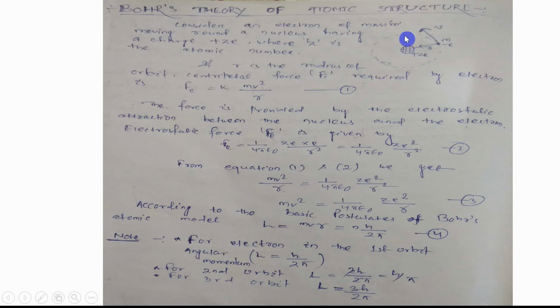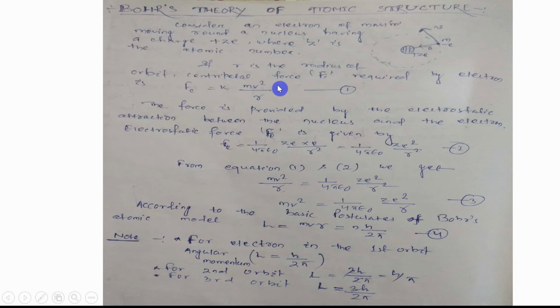Here, the necessary centripetal force is provided by the electrostatic force of attraction between the electron and the nucleus, that is, the force of attraction between the electron and the proton inside the nucleus.